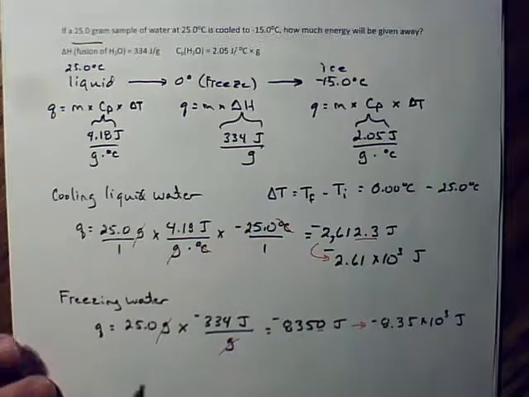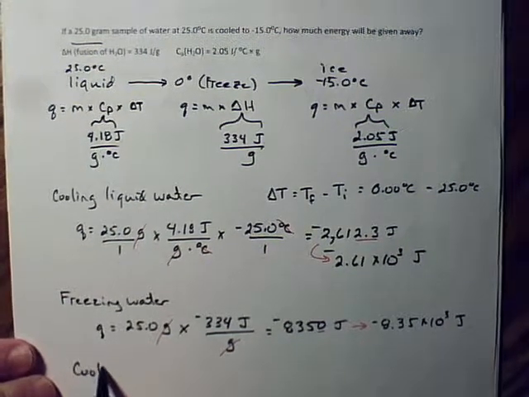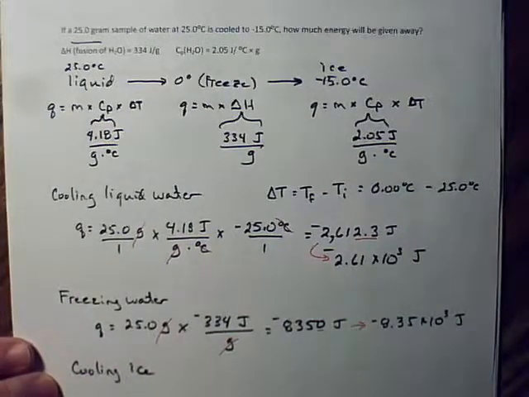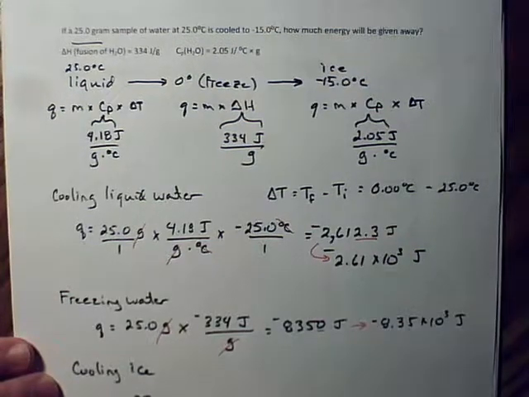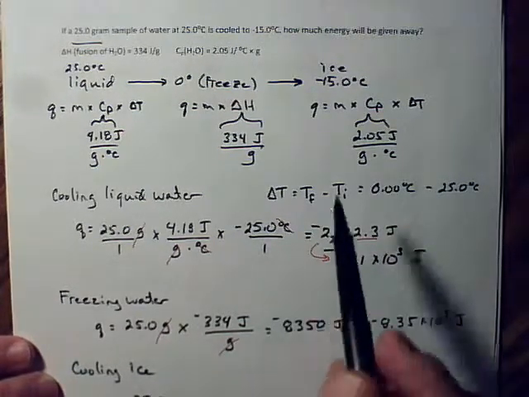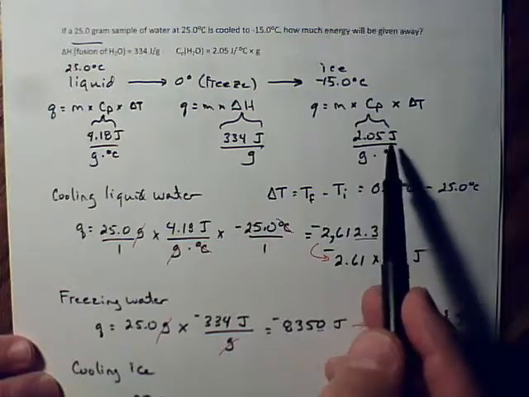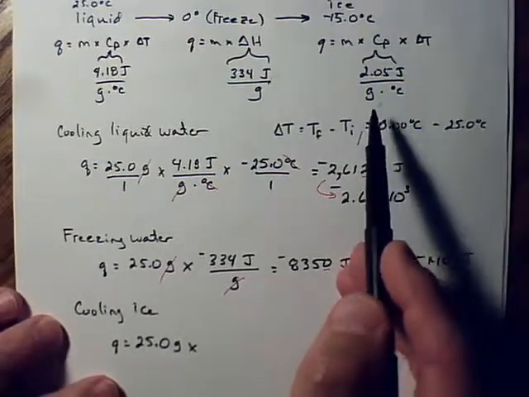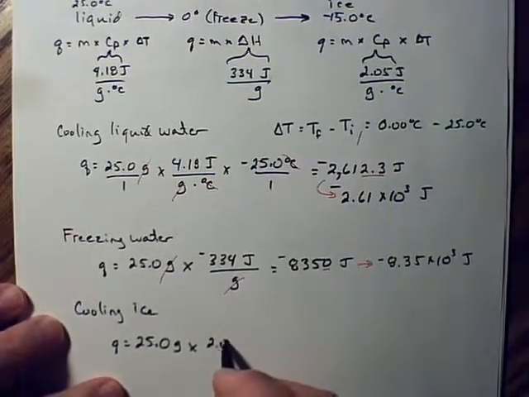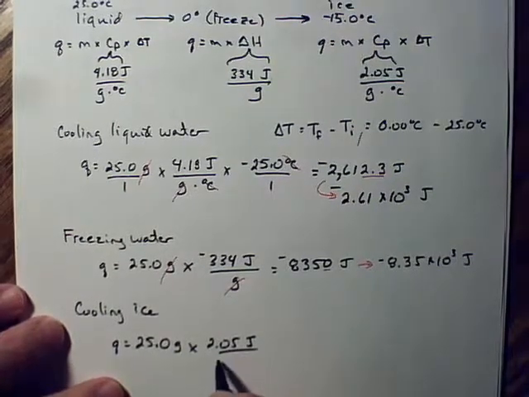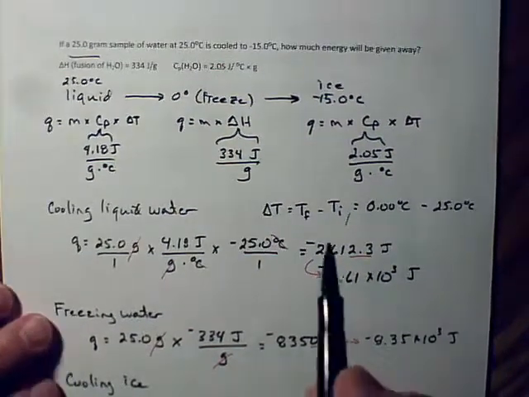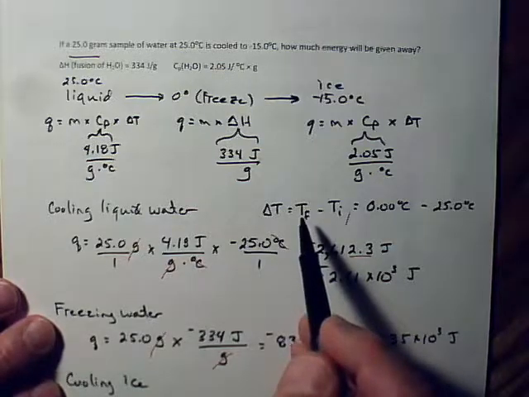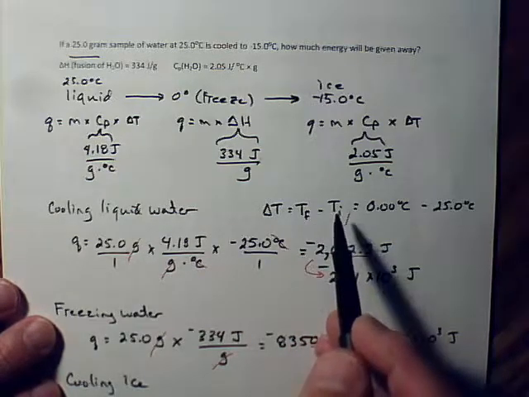And then when we're cooling ice, the mass hasn't changed. It's still the same sample of water, 25.0 grams, times, in this case, our specific heat is 2.05 joules per gram per degree C. And the change in temperature here is always temperature final, which is negative 15, minus 0 where we started.